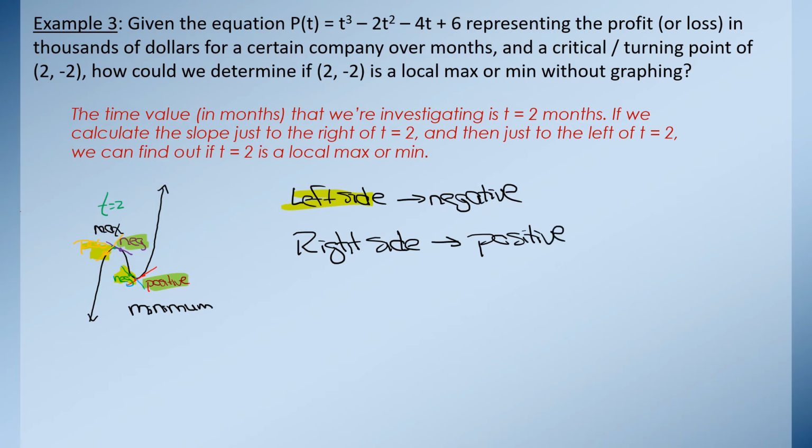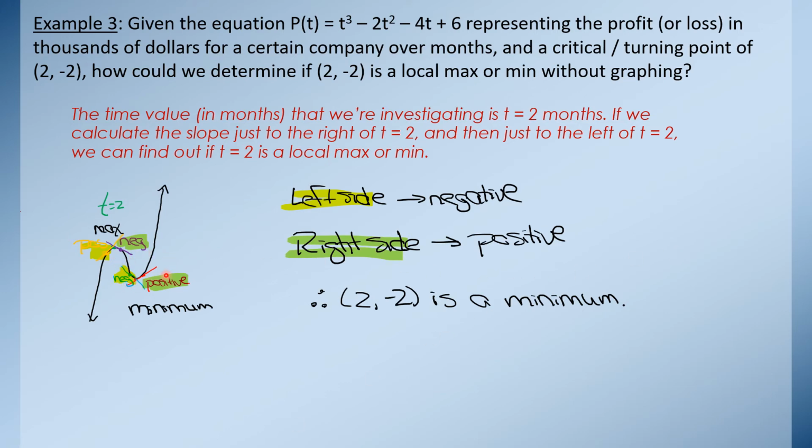So does that mean it's a max or a min? So therefore that means -2 is a minimum, because when I calculated the slope on the left side of the function, I got a negative. On the right side, I got a positive. So it must mean that I have a minimum there.